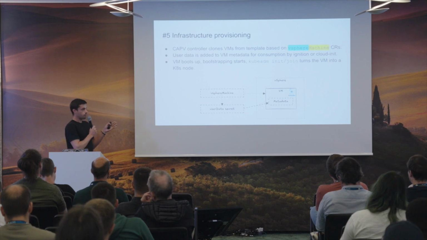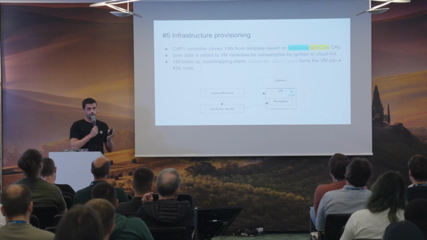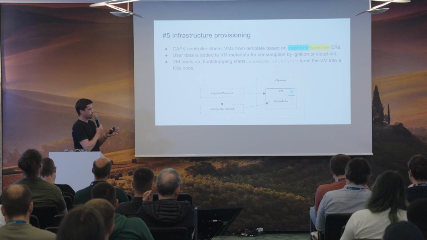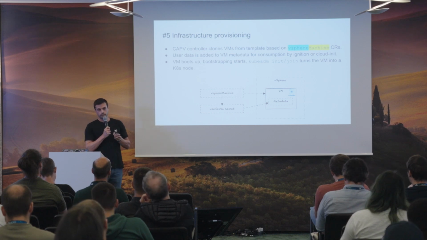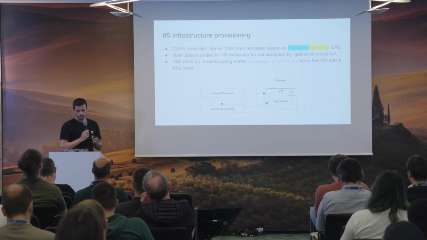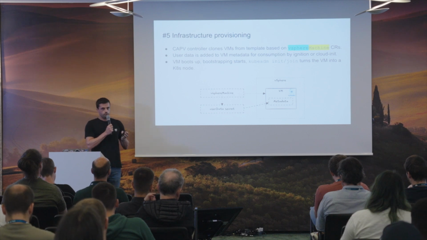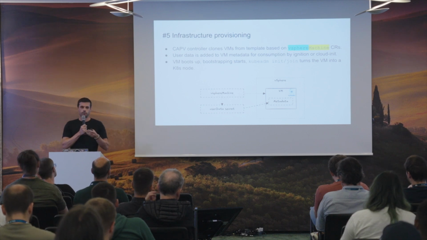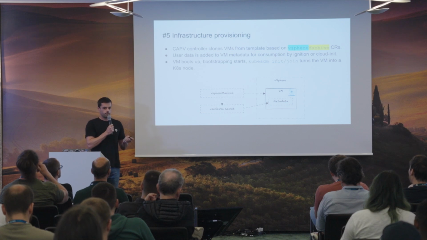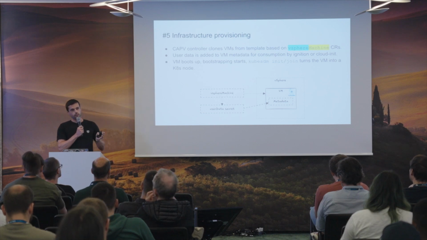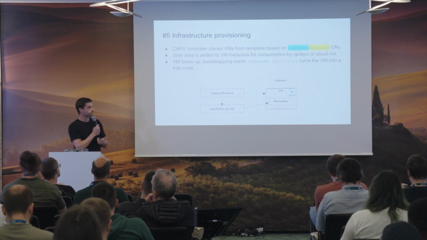So after that, how do we provision that stuff? How does CAPV provision the infrastructure and pass on the user data to the virtual machines? CAPV is going to use our vSphere machine templates. We give it a VM template to use to clone the machines from. It's going to clone the virtual machines. Then that user data that is stored in a secret is going to be passed as VM metadata in vSphere.